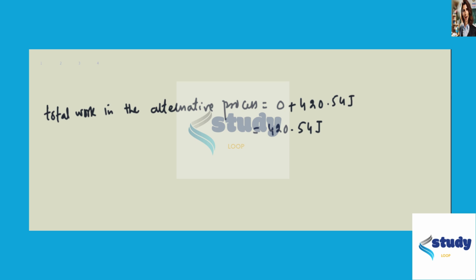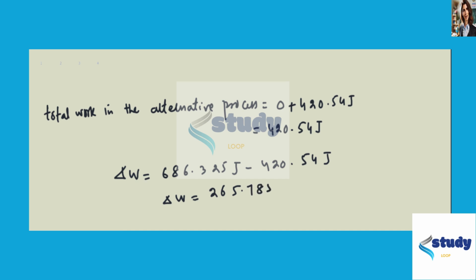Now we want to calculate the difference in the work done when work is done on the gas adiabatically and in the alternative process. So the difference in work done equal to 686.325 joule minus 420.54 joule. This gives us difference in work done equal to 265.785 joule. That's the end of the problem.